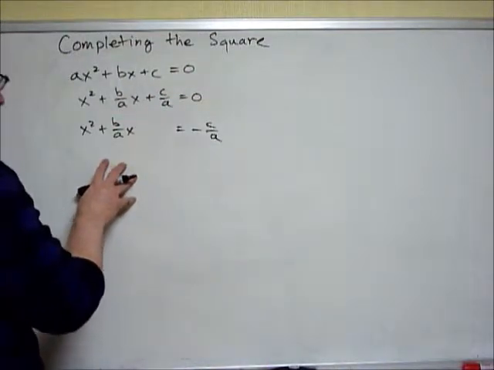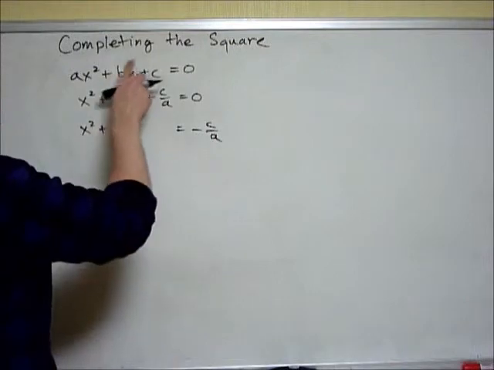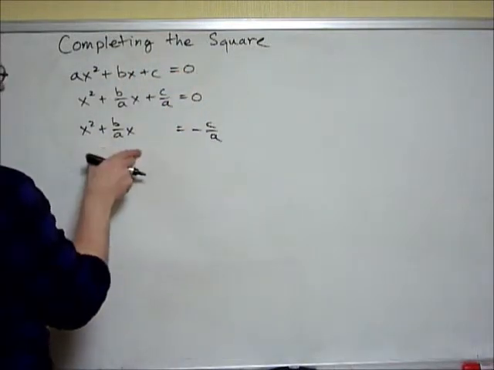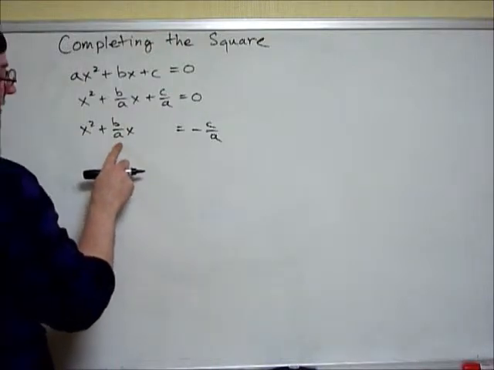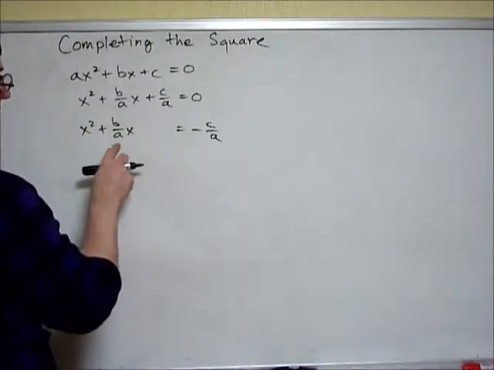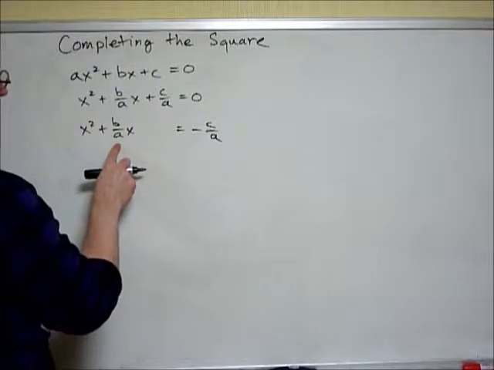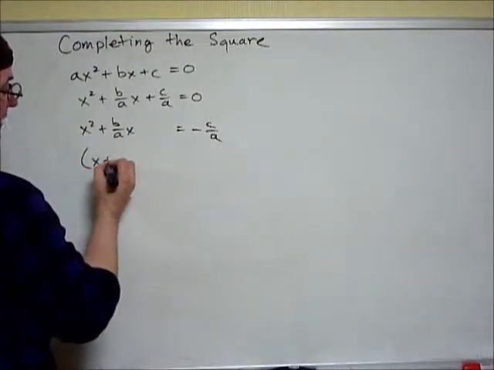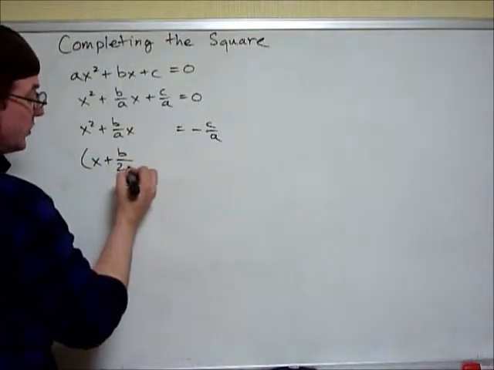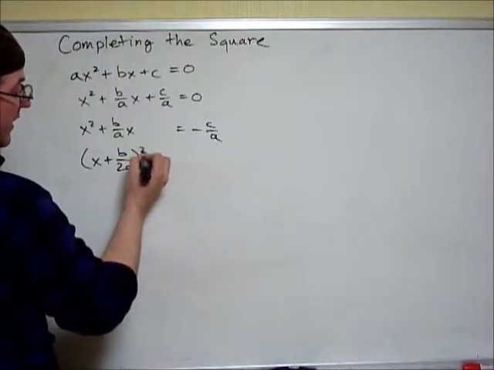And we need to now complete the square to get this. So we're going to take this middle term, or this x coefficient, and we're going to divide it by 2. That will yield x plus b over 2a, squared.